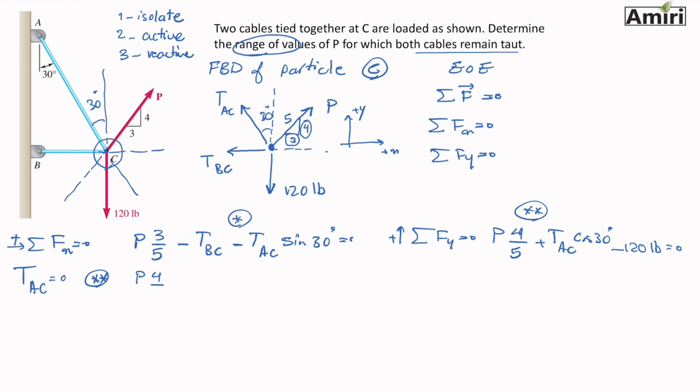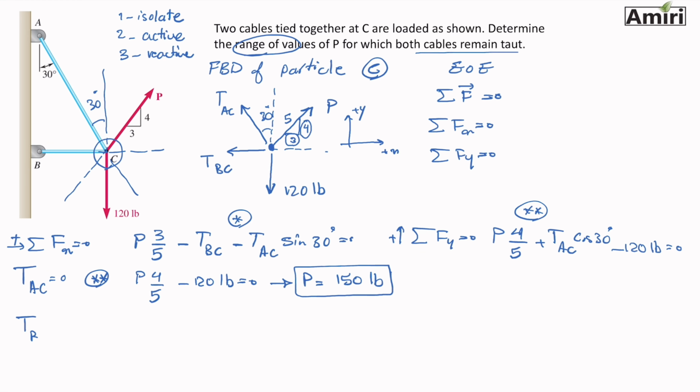I'm going to have P 4 over 5, AC is 0, minus 120 pounds being 0. P is going to be 150 pounds. So if my P is 150 pounds, that causes the cable AC to have tension of 0. So that's one of my limits. If I reach 150, that means my cable AC is 0. Unacceptable.